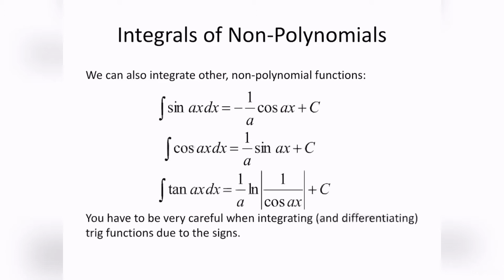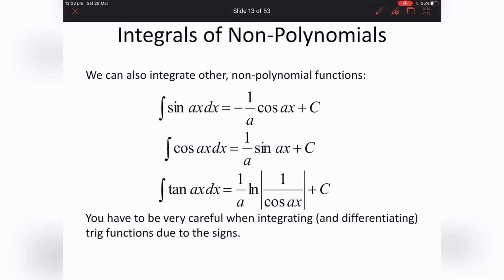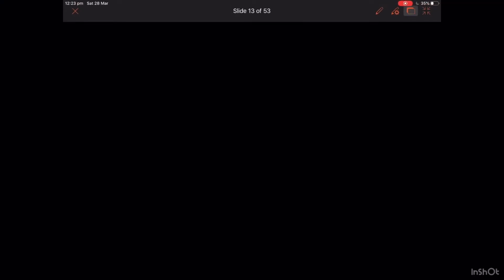I'll just show you why. This is the table again. If you make a list, this method will help you: write sine x, cosine x, put them in order, then minus sine x, minus cosine x, and sine x again.